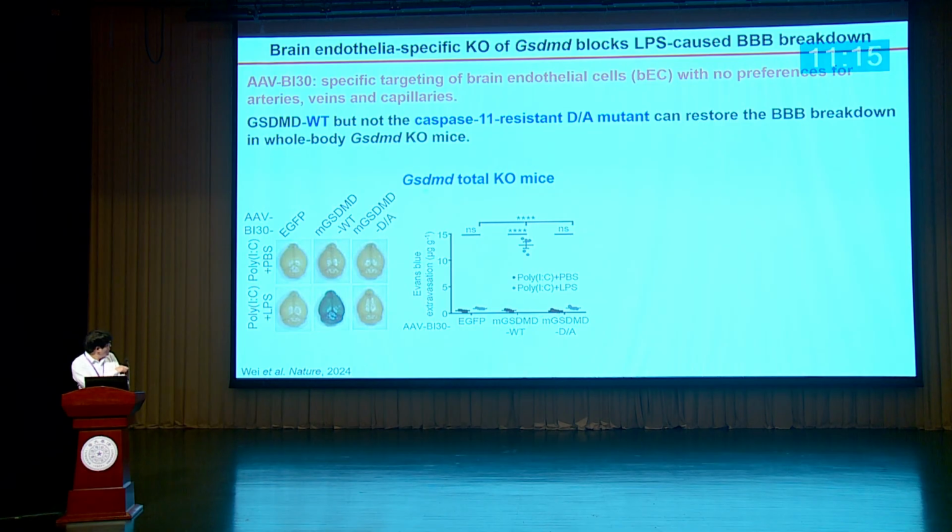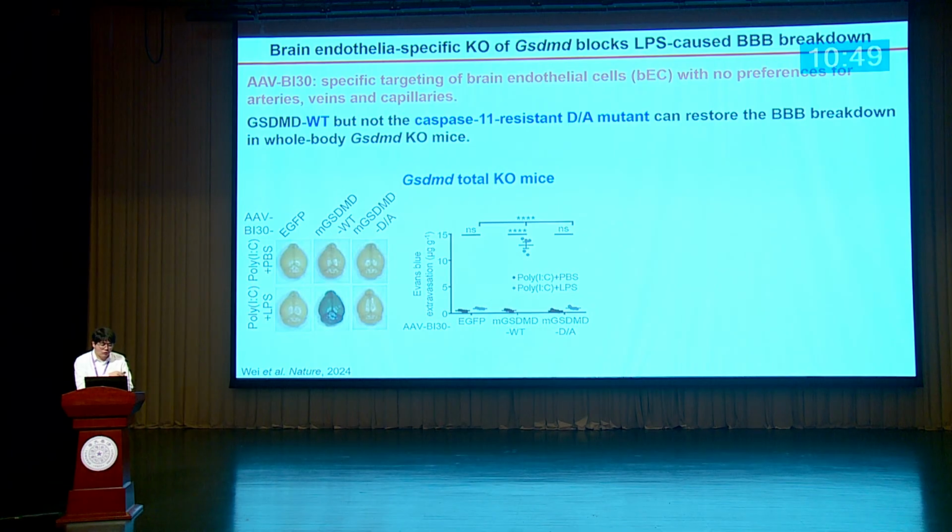In the total gasdermin D knockout, LPS-induced BBB disruption was blocked. However, if we re-express wild-type gasdermin D specifically in brain endothelial cells, we can restore the BBB disruption. If you do that with the cleavage-resistant mutant of gasdermin D, you cannot restore the BBB breakdown. And here are the statistical data.